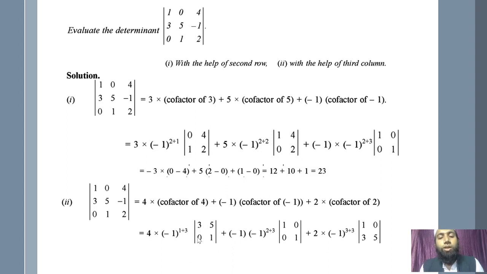So just multiply this: minus 1 raised to 4, 1, minus 1 raised to 5, minus, and this minus plus. An even term will always be minus 1 raised to an even power, so that is already positive.